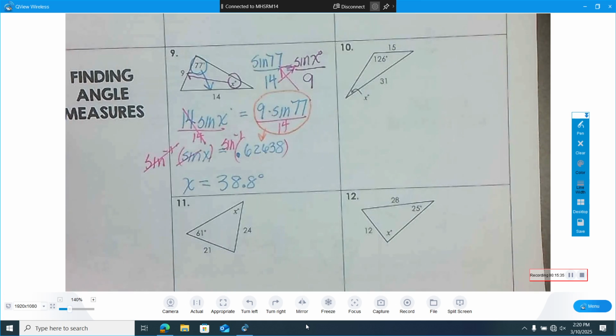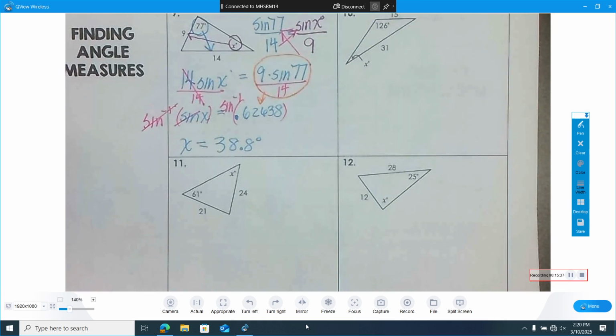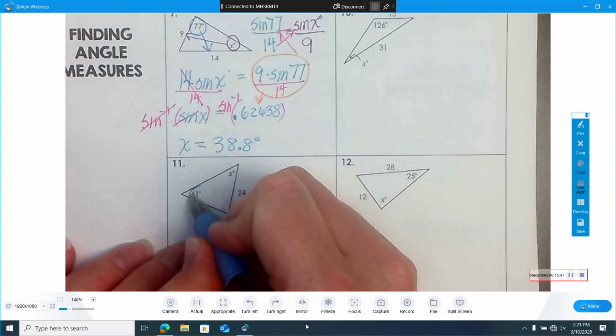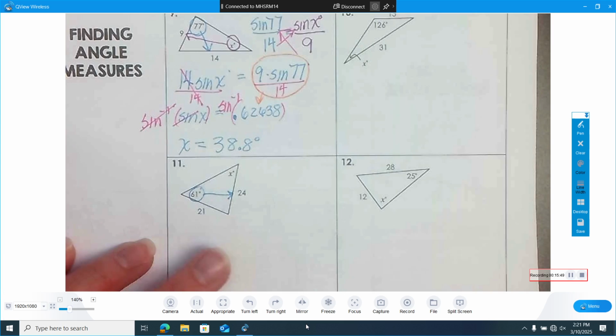Okay, let's try number 11. All right. So I have a 61 and a 24. What can I write down?